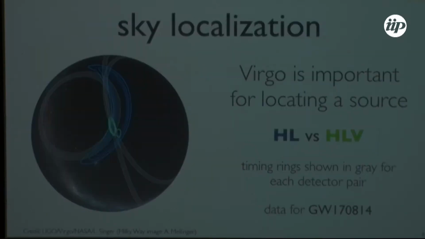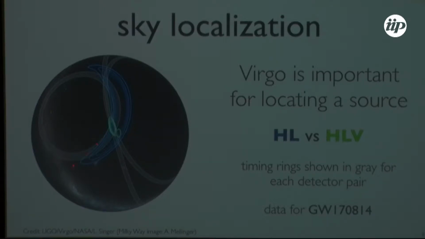Okay, so actually I have a plot to visualize how having more detectors helps. This is for the 170814 signal, which was a binary black hole merger, and which was the first one that we detected with 3 instruments, by the way. In blue, you have the sky reconstruction, so what we estimate to be the most likely sky location of the source, if we just use the data from the LIGO instruments, Hanford and Livingston.